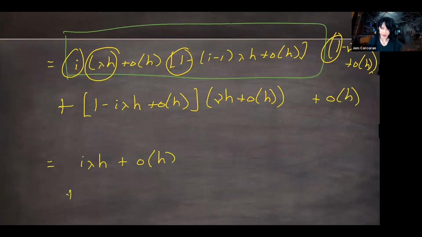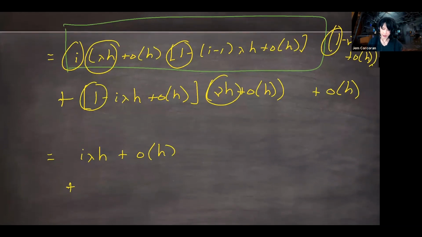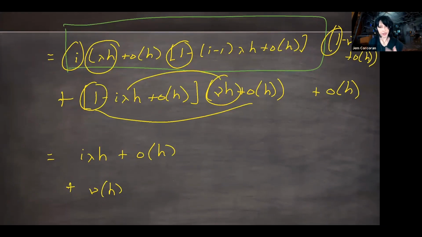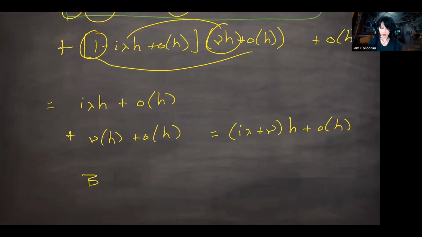And then below, I get the 1 times the nu h, and that is nu h. The 1 times the little o of h is little o of h. The I lambda h times nu h is an h squared term, which is little o of h. They're all little o of h from there on out. So we get I lambda plus nu times h plus little o of h. And this is shaping up to be a birth process with the birth rate, or rates, since they hold for any population size I, lambda I is I times lambda plus nu.